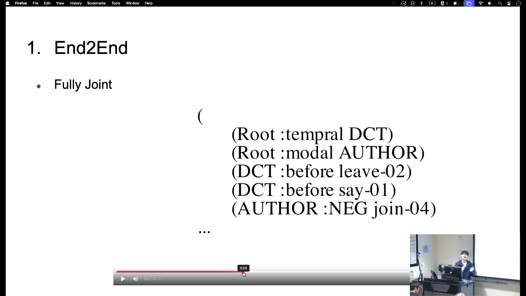Now, the challenge with that is that UMR parsing is a difficult task. Those who have done annotation can really appreciate this, because first of all, you have the sentence level annotation, but then you have to group them all together, and then you have to think about adding the document level annotations like temporal, modal, and coreference.